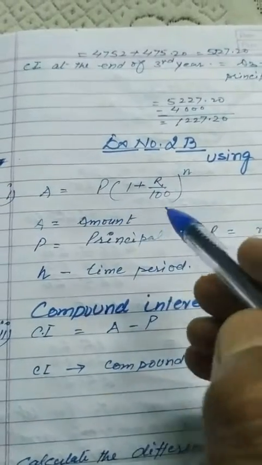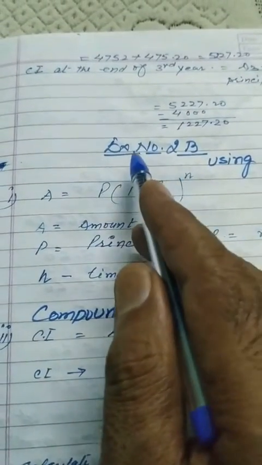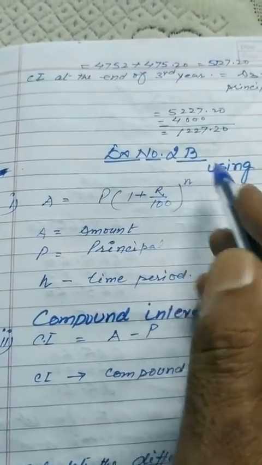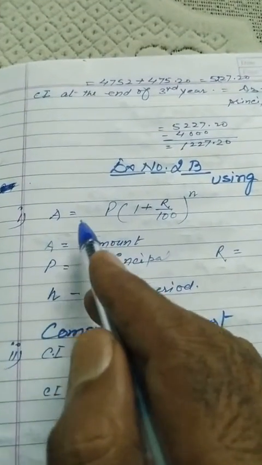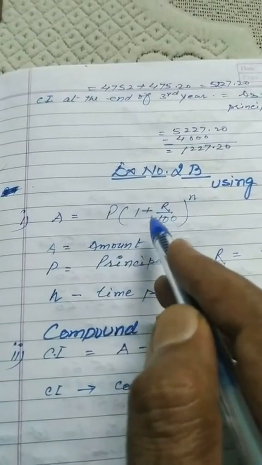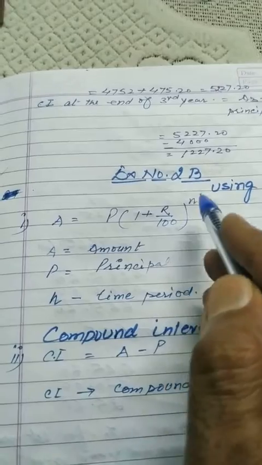Now I take exercise number 2B, using the formula A equal to P into 1 plus R upon 100 raised to power n.